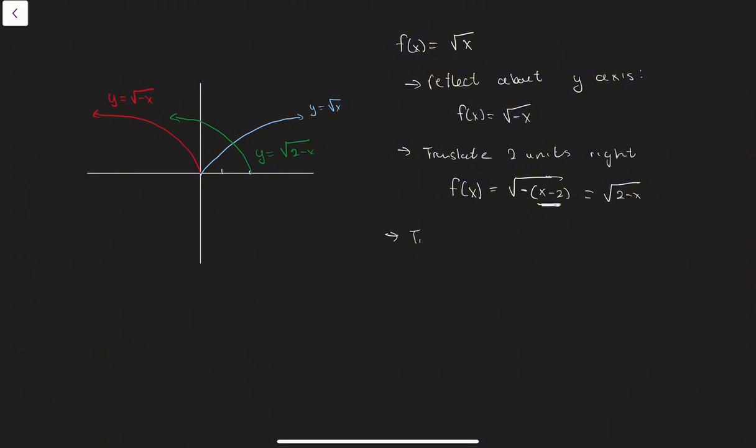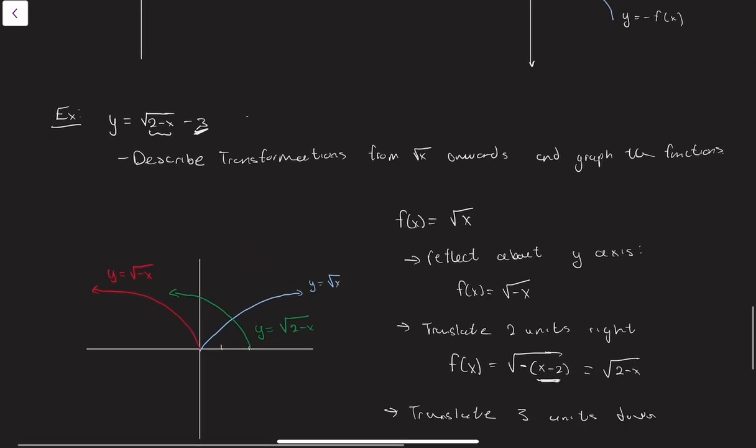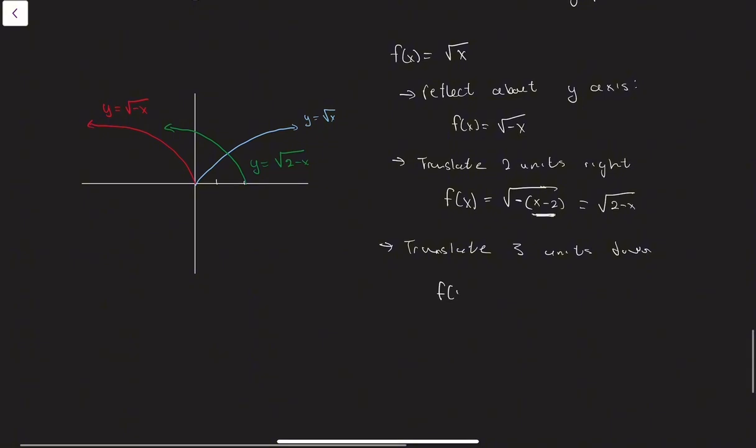Then we translate 3 units down to incorporate this term. So that becomes f of x is equal to root of 2 minus x, minus 3. And this comes down here. Let's use gold.